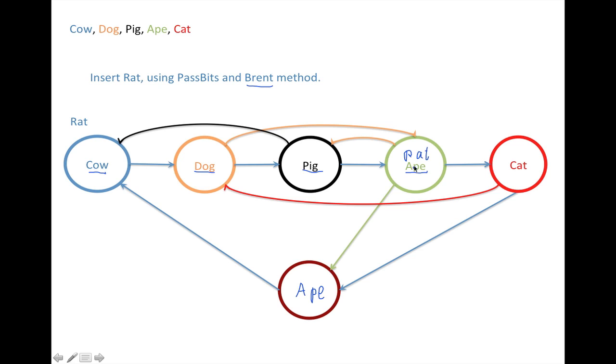So that's good. But now, what would be the pass bits? The pass bits would be similar to before, but no pass bit on the cat because we didn't go through this node.